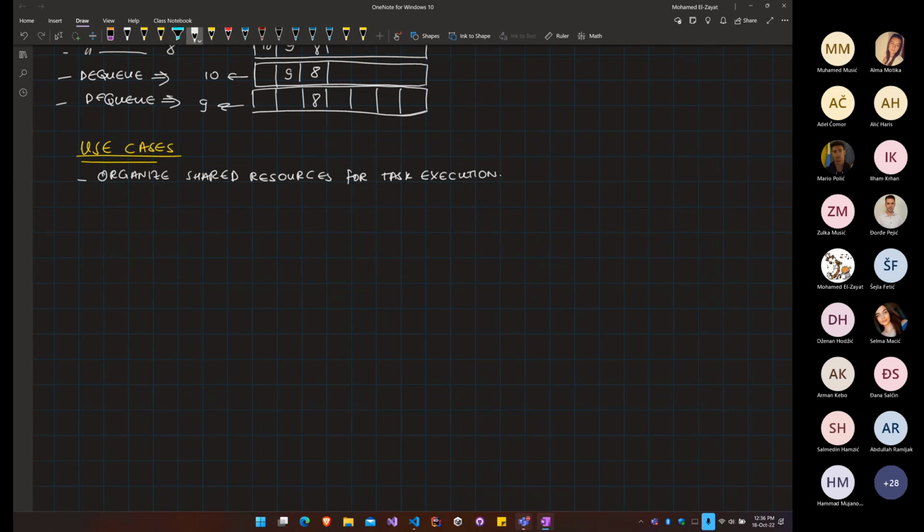Such as, for example, printing jobs over a network, or processes on a PC, for example, right?